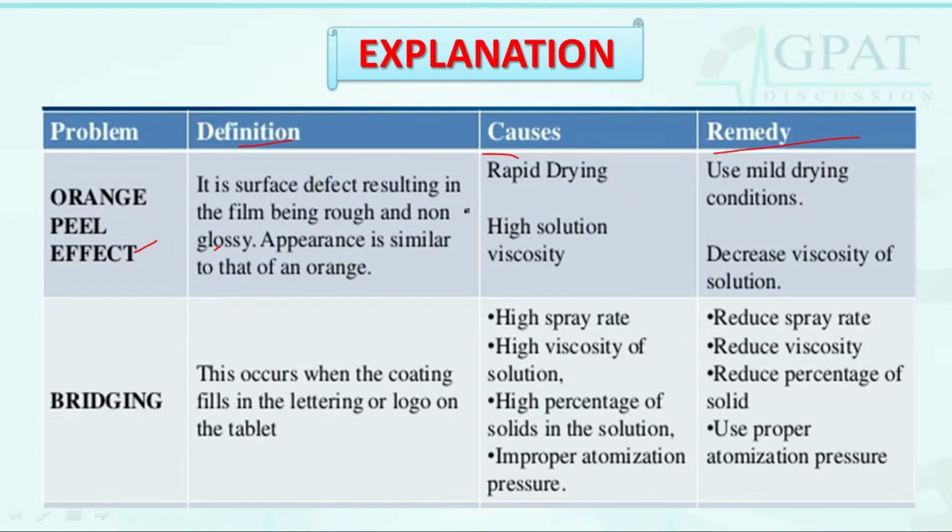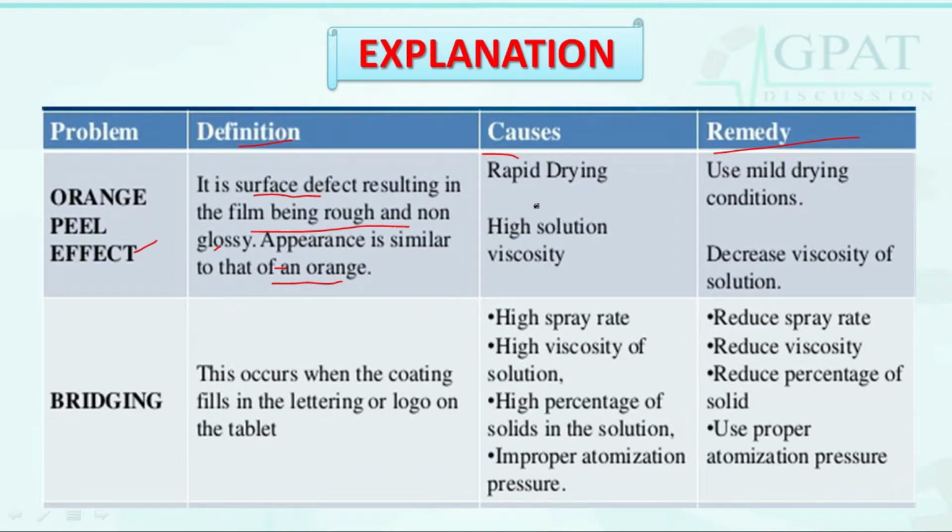So first of all, coming to the definition of orange peel effect, it is a surface defect. Students, sometimes the question may also ask which type of defect it is. So orange peel is a surface defect resulting in the film being rough or non-glossy, and the appearance is similar to that of an orange, meaning there is an appearance of an orange on the tablet.